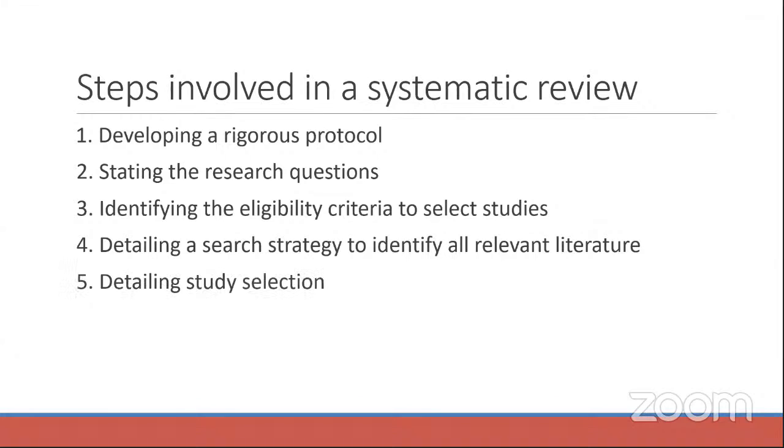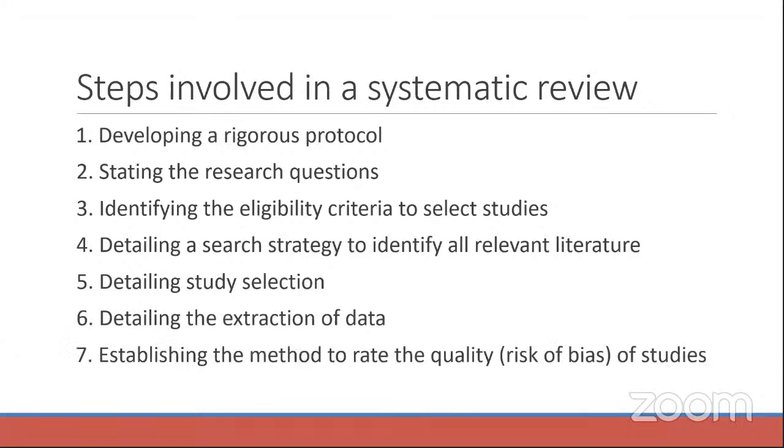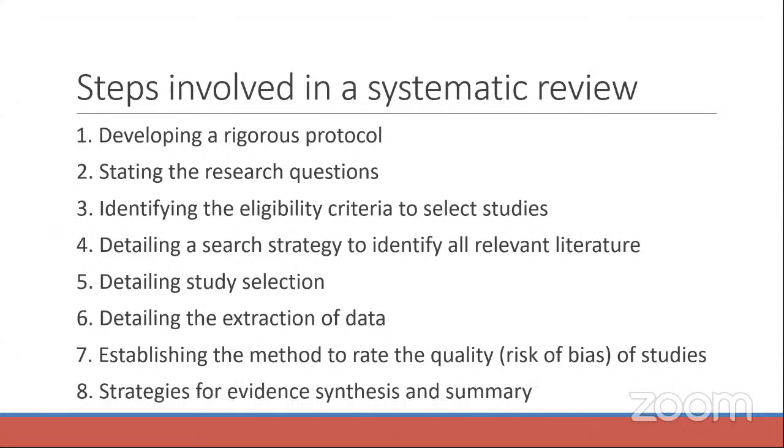Detail the study selection methods, detail the extraction of data, and establish a method to rate the quality or risk of bias of the included studies. Especially, this should be done at the outcome level. And this should be followed by strategies for evidence synthesis and providing an overall summary.